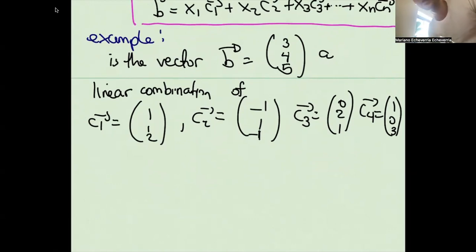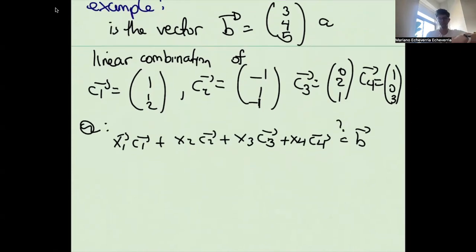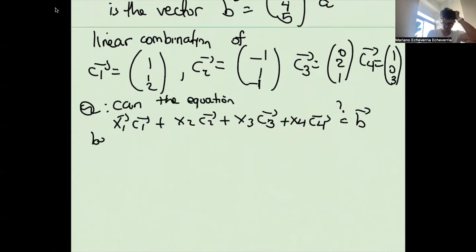What I'm asking here is, if you take C1 and C2 and C3 and C4, is there a way to combine them, to add them together so that you get B? So it is asking whether this equation can be solved.